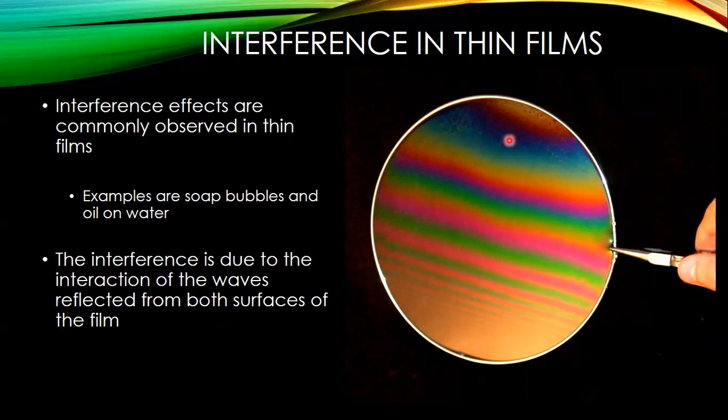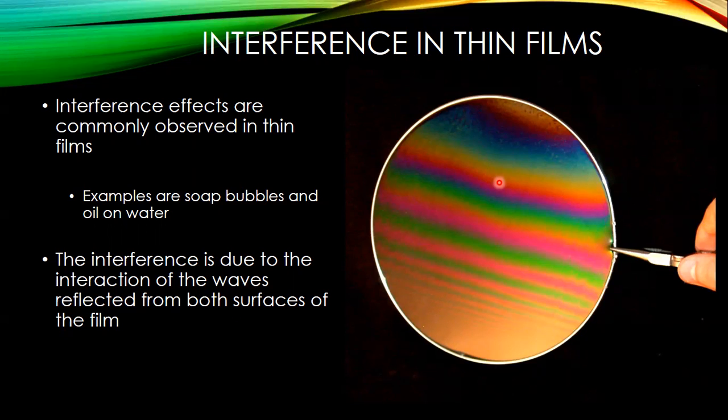As it gets thicker, however, we notice that the colors shift to longer wavelengths, all the way up to this red. Now we get destructive interference for the blue light and constructive interference for the red light. We've gotten thick enough where we now have the right condition to reflect red light and not the correct condition to reflect blue light.